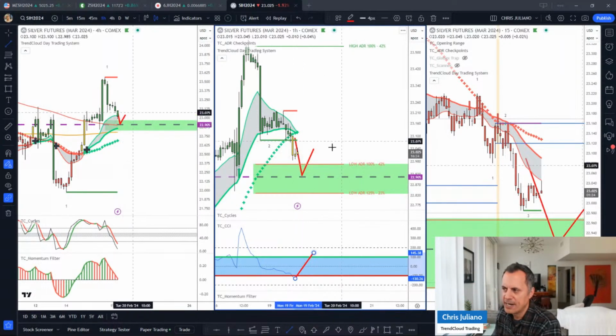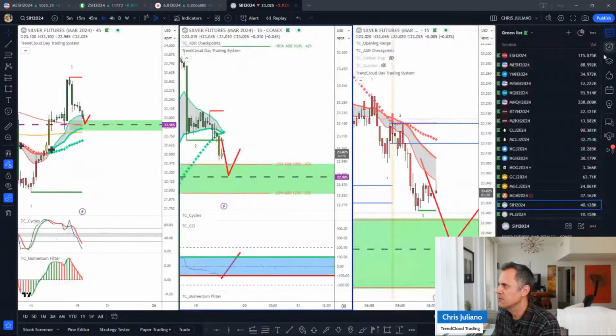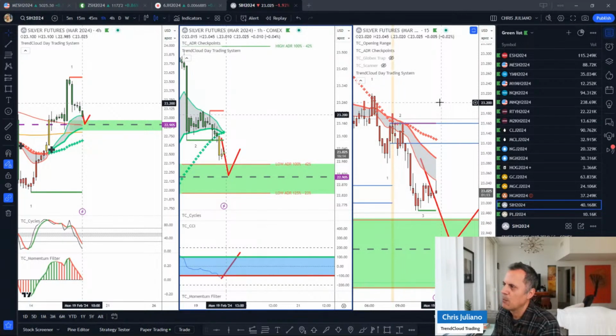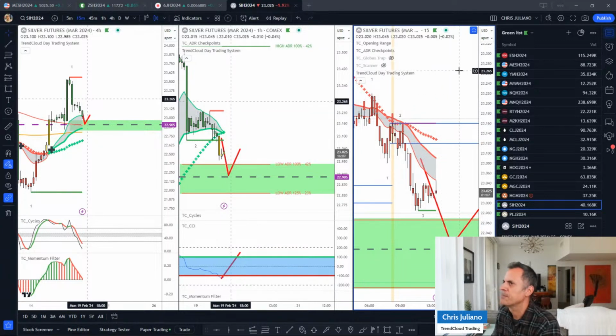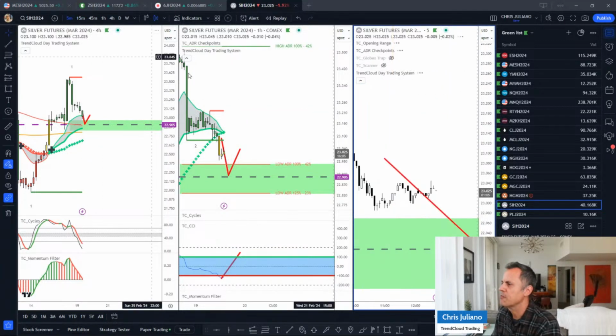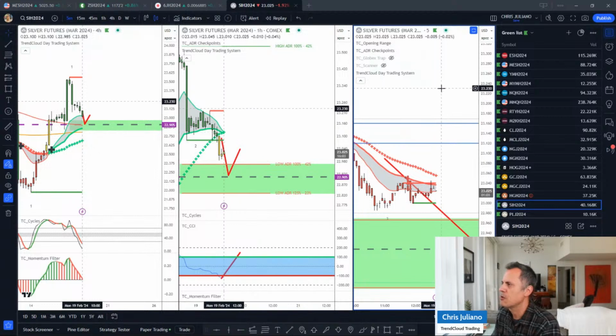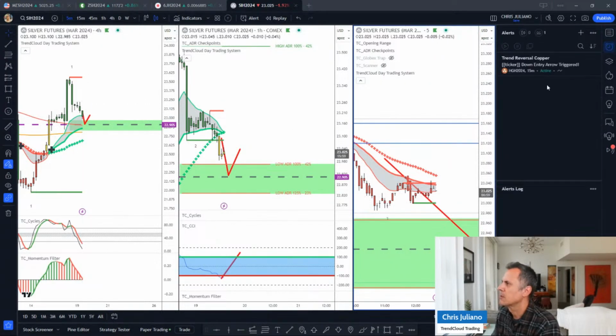So we're going to monitor this using our signals on silver. And we're going to set some alerts. So go to your 15-minute chart, or even make it even more sensitive. Go to your 5-minute chart, and you want to set up an alert.